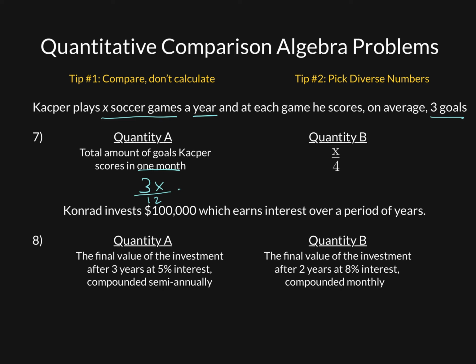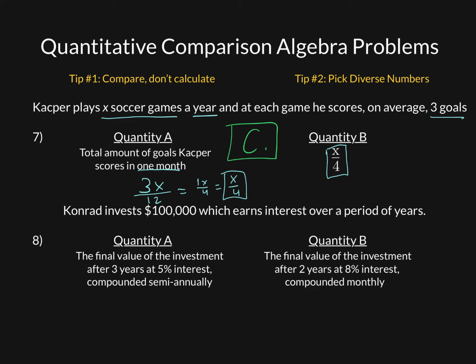And 3x over 12 simplifies to x over 4. We're never going to figure out the actual value because we don't know how many games he's playing. But what we do know is that quantity A and quantity B are both equal to x over 4. Therefore, we know our answer is C. The two quantities are equal.